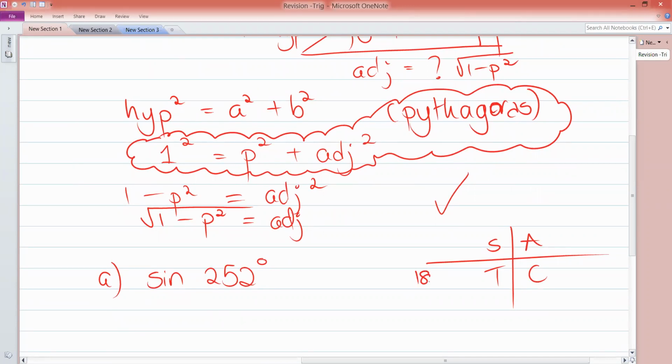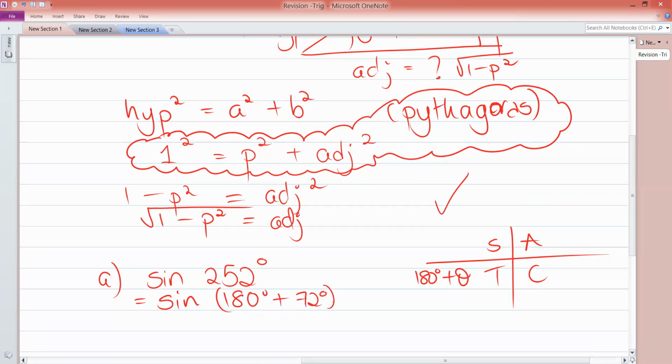So if it's in quadrant 3, that means it's 180 plus your theta. So what did they do to get 252? They said 180 plus something. What is that something that they added to 180 to make it 252? 72, ma'am. Brilliant, 72 here.